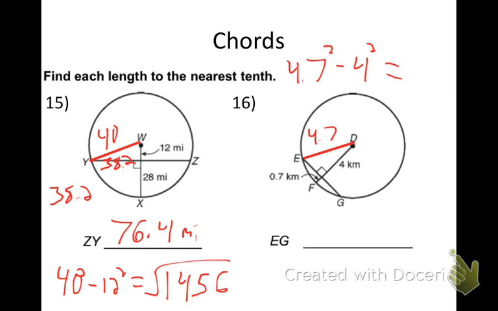No, you have to square them first and then subtract them. 6.09. 6.1? Yeah. I think I take the square root of that. What's the square root of that? 2.5. Yeah. And then you double that, and what's EG come out to be then? About 5 kilometers. Nice job. Again, the key is the right triangles and using the Pythagorean theorem.